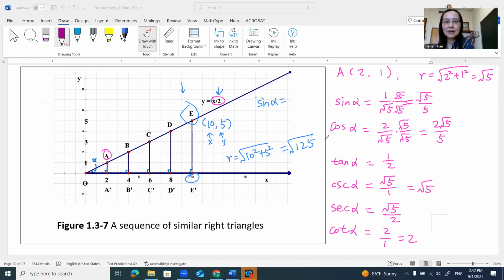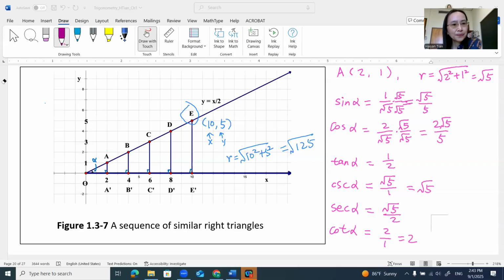So that is the x, y, r if I use the E point. So let's focus on the point E, and then with the x, y, r values, we can calculate the sine alpha.